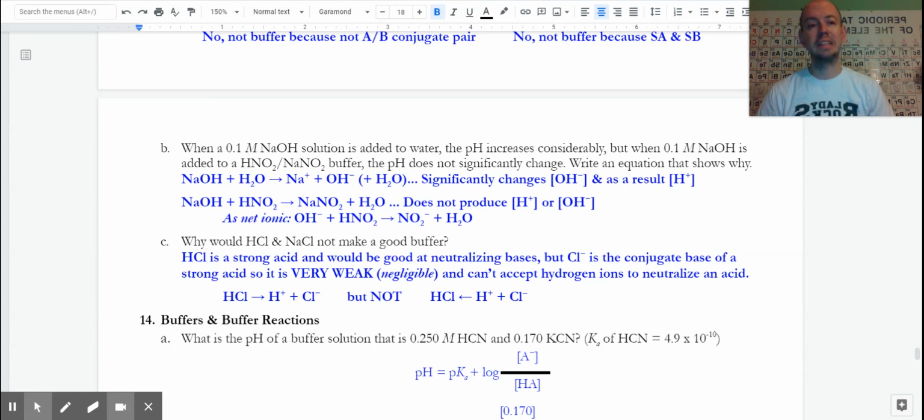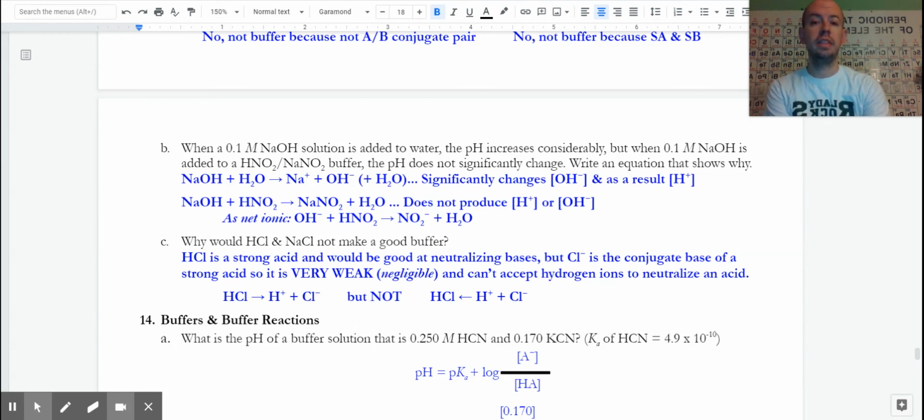The problem is that Cl minus, in terms of a textbook definition, is a conjugate base, but it is super, super weak as a base. It can't neutralize any acids. HCl can ionize, that happens, but we write it as one-way, meaning it can't come backwards. So that Cl minus will not accept a hydrogen ion to turn back into HCl.